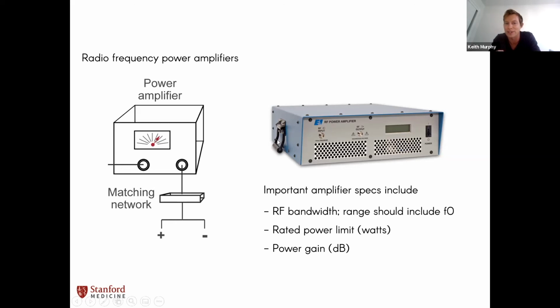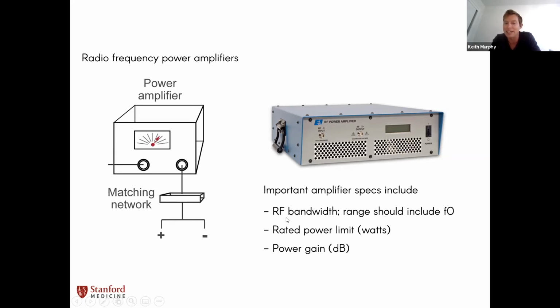But when you're doing research, you don't always know what frequency you're going to operate at, or the impedances and things like that. So you can buy these very standard RF, radio frequency, power amplifiers. And something you want to look for when buying these amplifiers is: what's the bandwidth? Is the operating frequency that I want to use within this bandwidth?